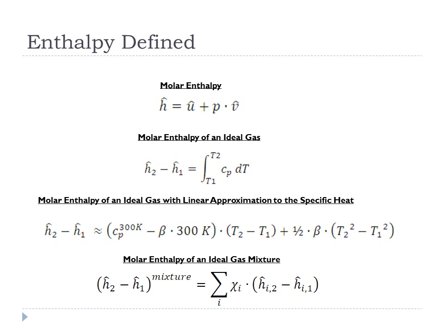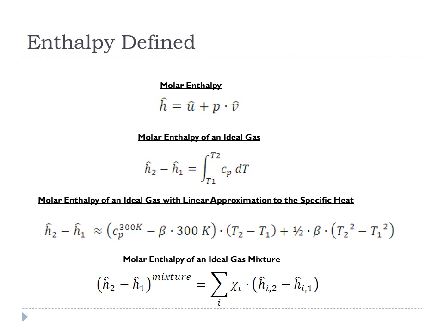I'm not going to go through all the terms, but notice there is a minus beta term, where beta is how the specific heat changes with temperature. And if beta went to zero in this equation, you would just have C sub P at 300 Kelvin times the difference in the temperatures.